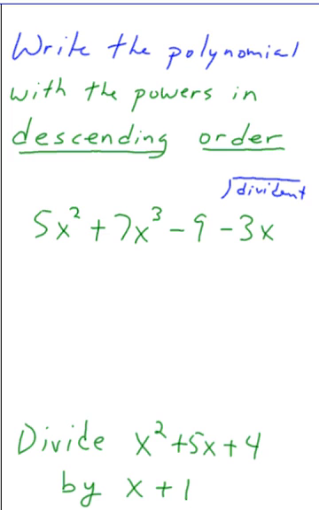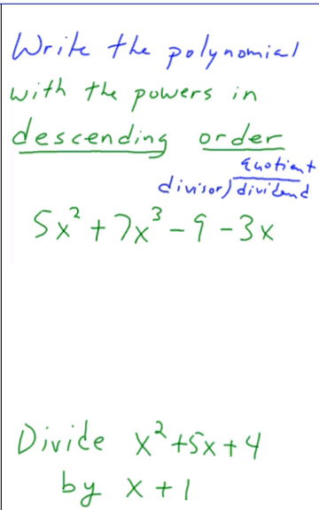And the number on the outside is the divisor. And the result is the quotient, right?